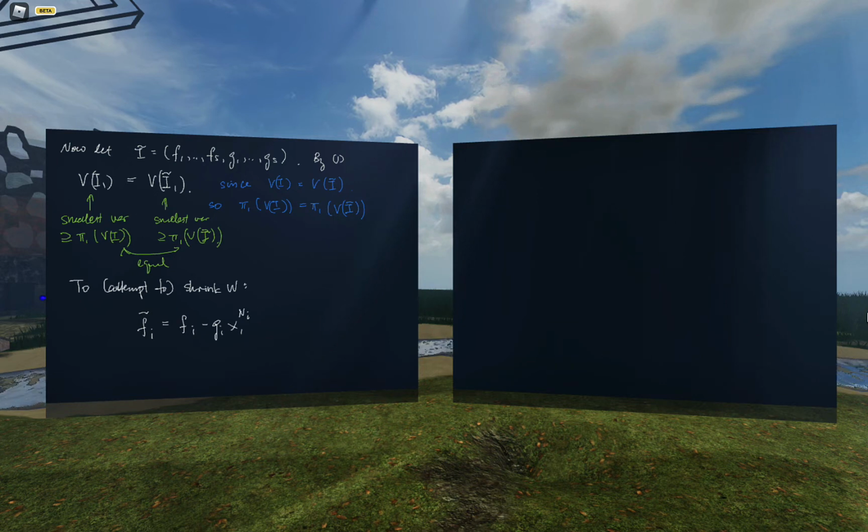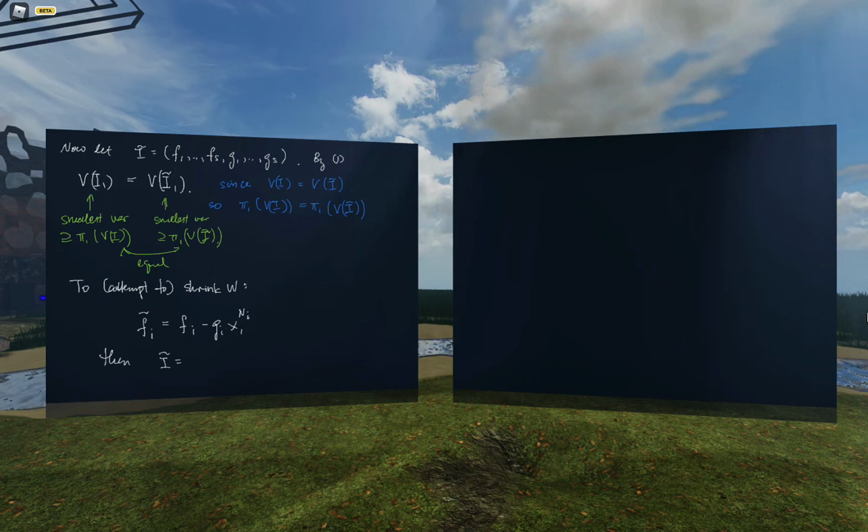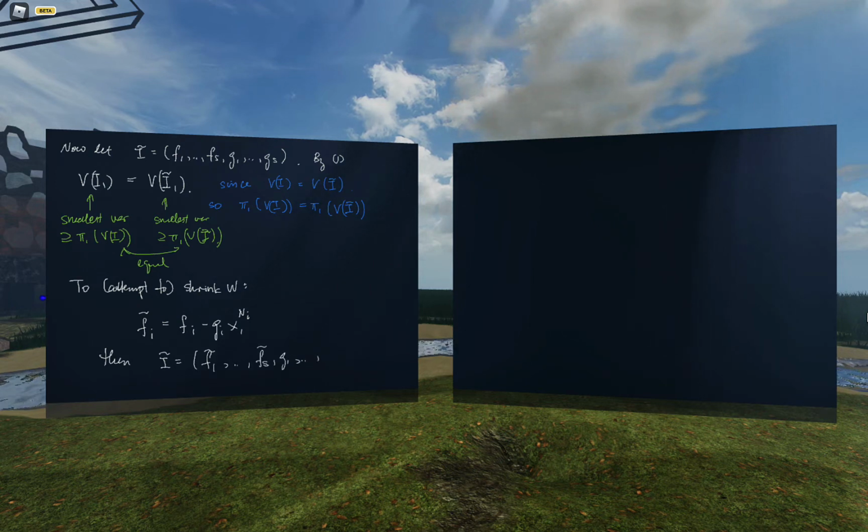So this generates the same ideal, and then I tilde equals F1 tilde to Fs tilde, G1 to Gs.